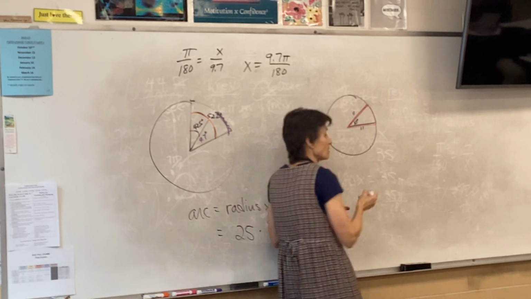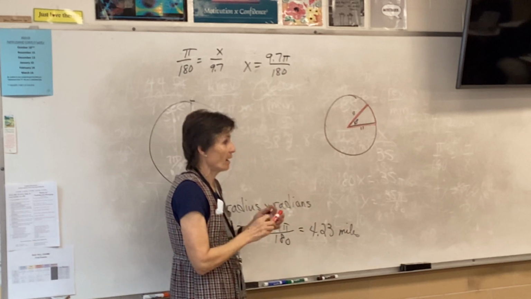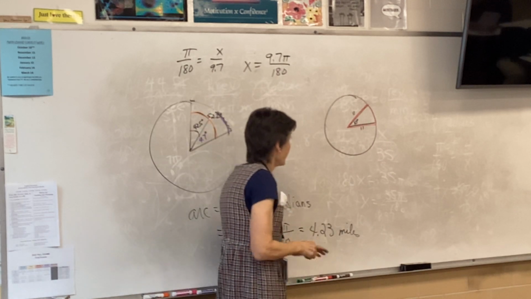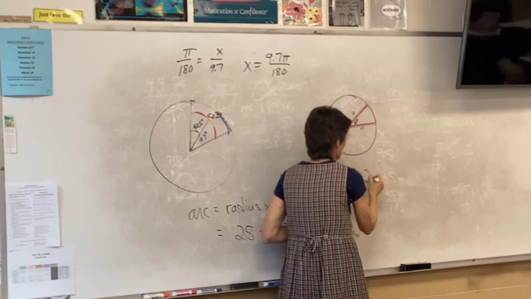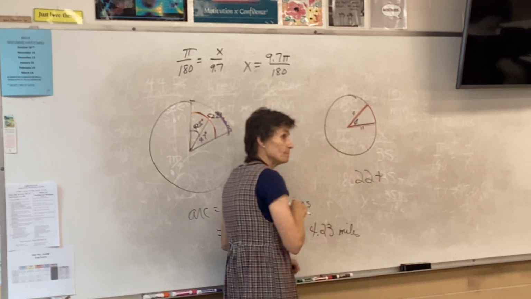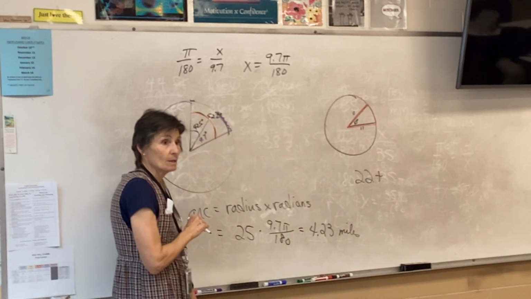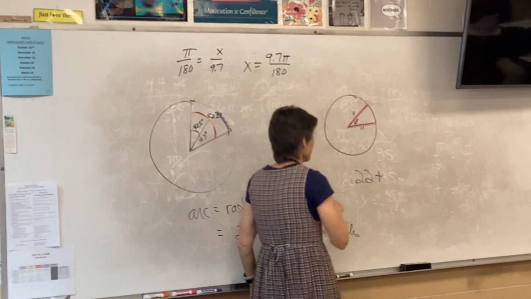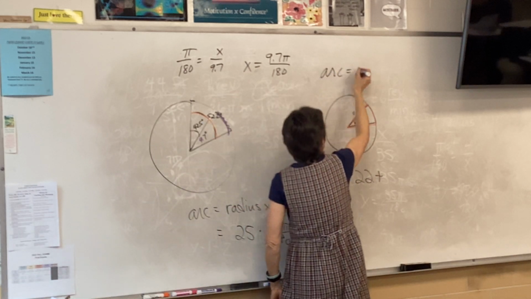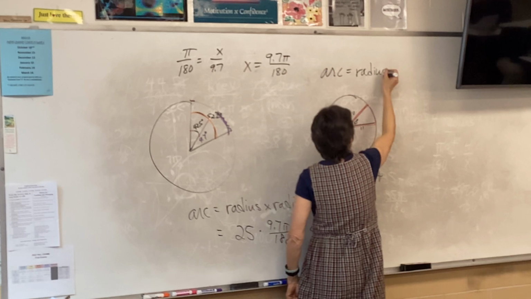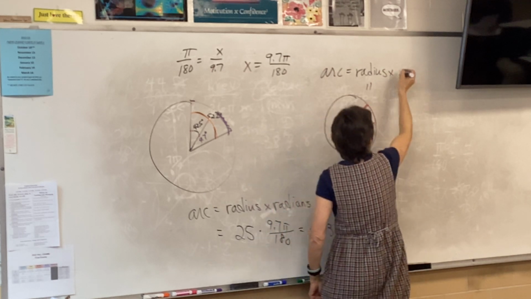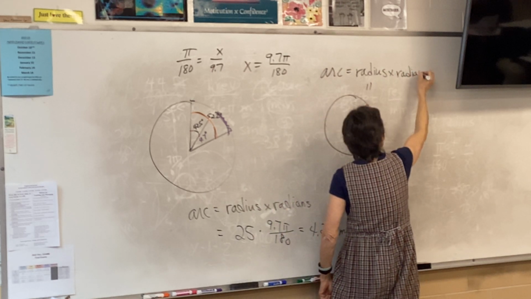The red, that's the perimeter of the piece of pie. Well, I know it's 22 plus the arc length. To find the arc length, I know it's going to be radius, which is 11, times radians, which I don't know.